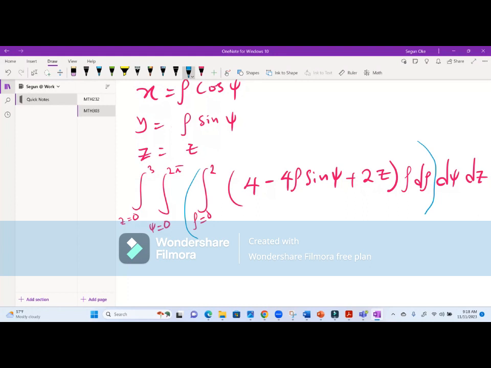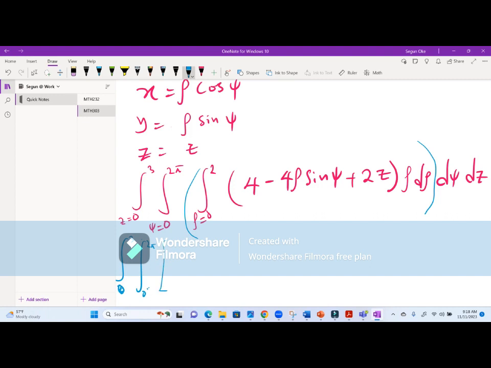So what do we have when you integrate it? All we need to do is just to say the integral of, let's just keep z, 0 to 3, integral of 4, 0 to 2 pi.